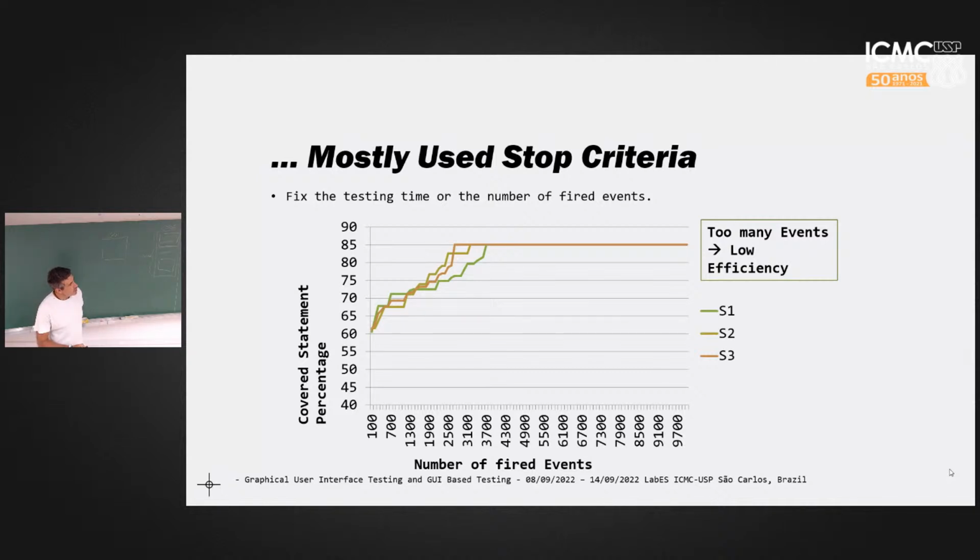So you see that if I fix a testing time or I fix too many events, I have low efficiency because I waste my time in testing the application, and this time here is not necessary because I already reached this point.